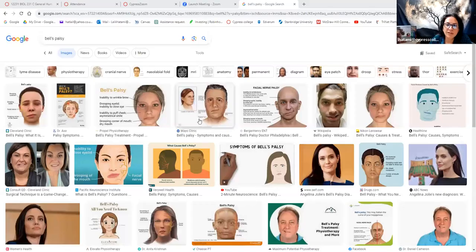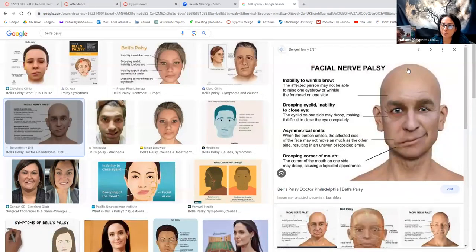As you can see, Bell's palsy is actually facial nerve palsy, which means they're going to lose facial expression, and they have an asymmetrical face.